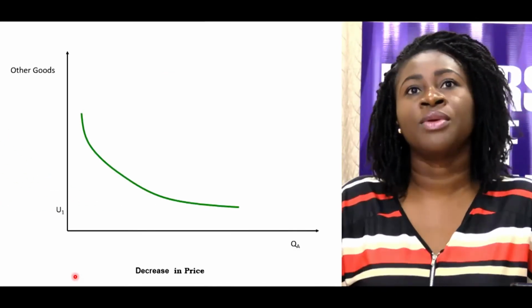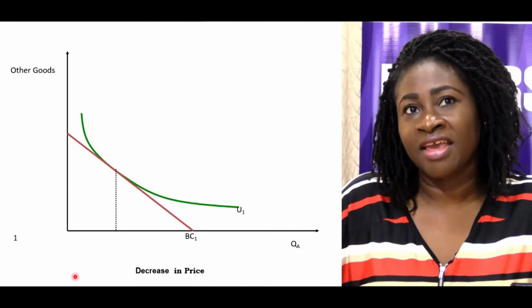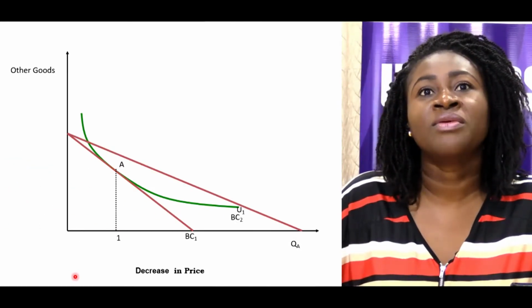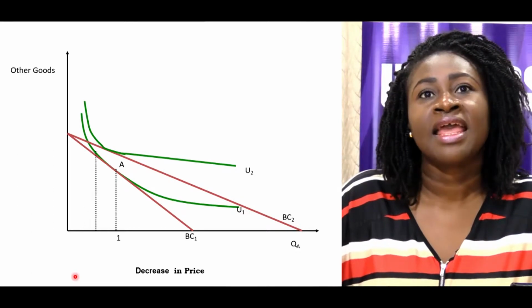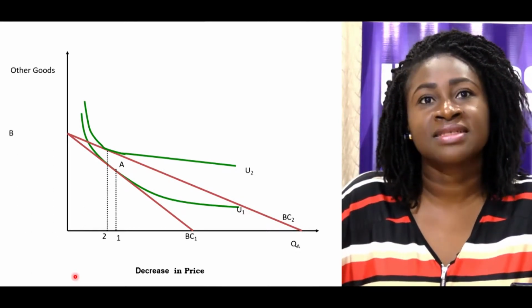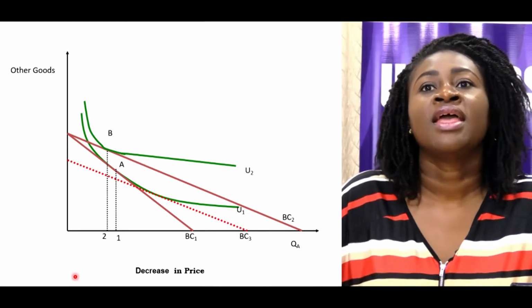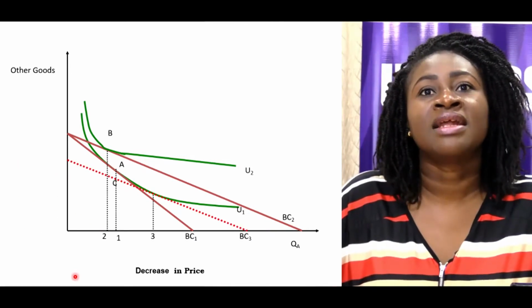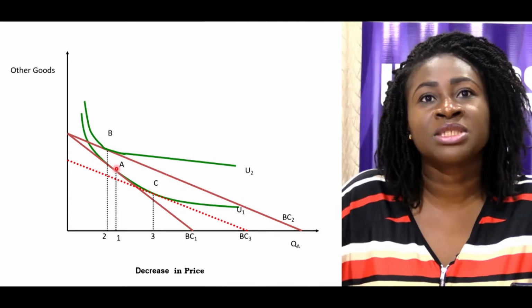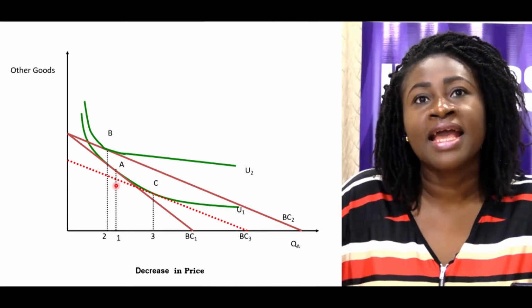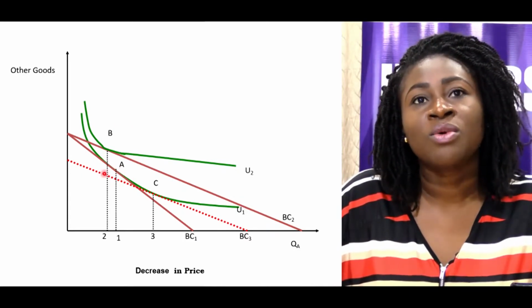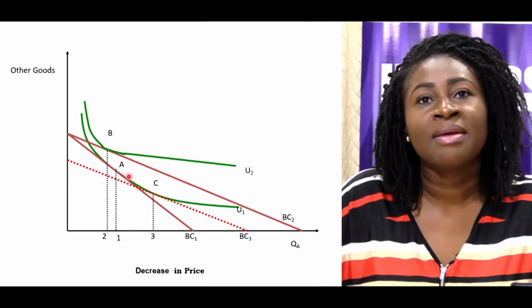The other scenario is when we have a Giffen good, and with the Giffen good, like I indicated, even the substitution effect is positive, right? So here you can tell that when there is a decrease in the price, the original point is at point A, a decrease in price, we want to see how the consumer behaves.